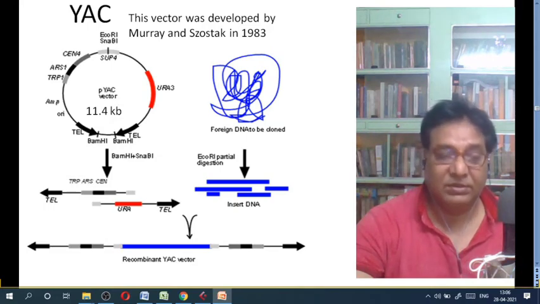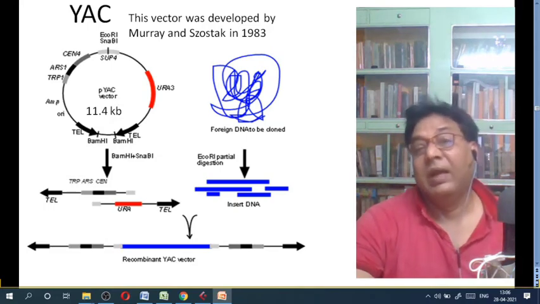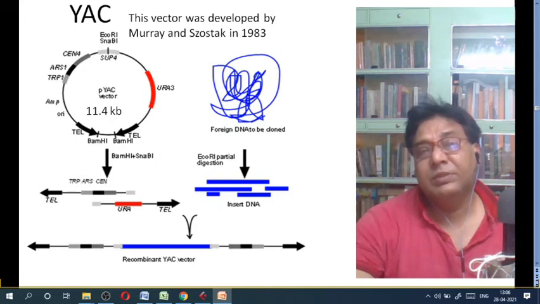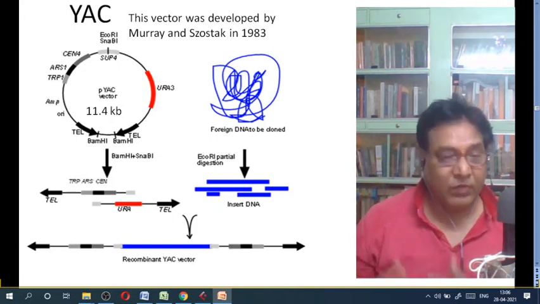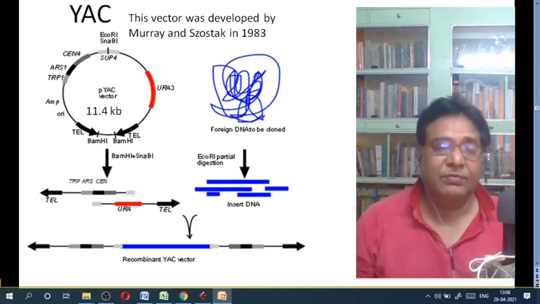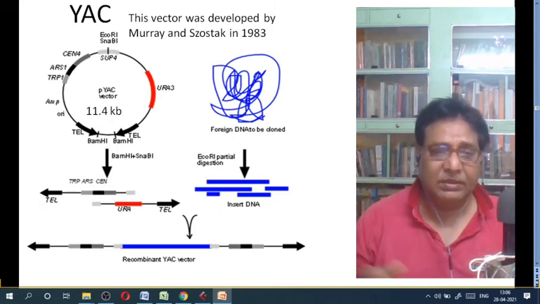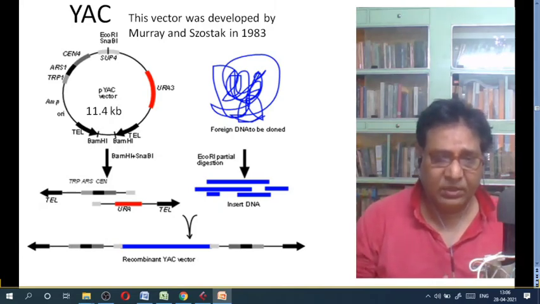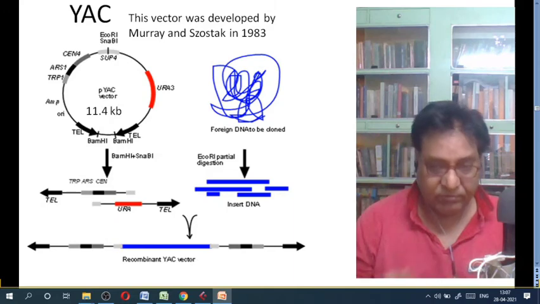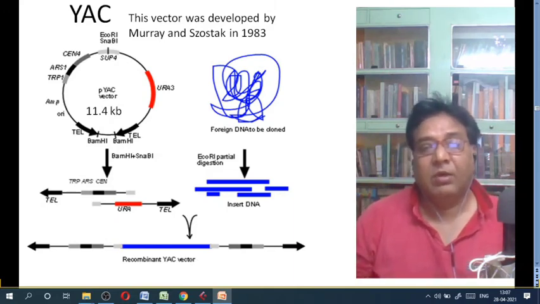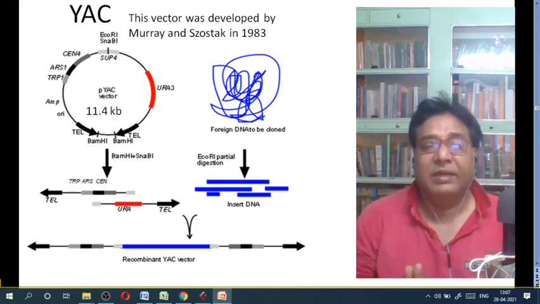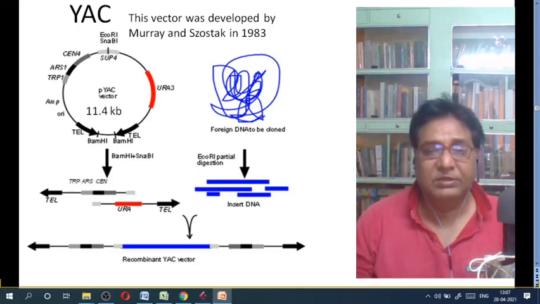The structure of the YAC vectors is like this, and the problem with the YAC vector is this long-sized insert that they clone. On one hand it is useful, but on the other hand, because of the long size of the insert, there are several repeated regions in the particular DNA that you have inserted, and those repeated regions are complementary, so they may hybridize together and generate different types of gene rearrangement.